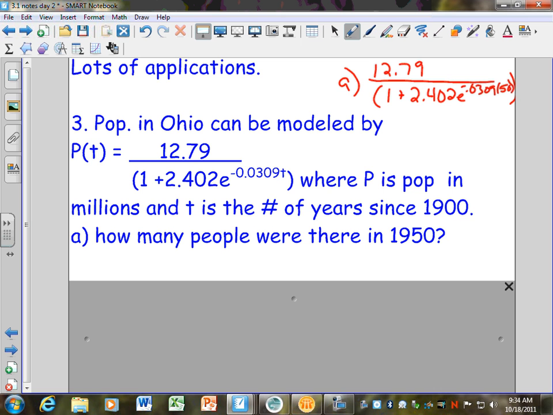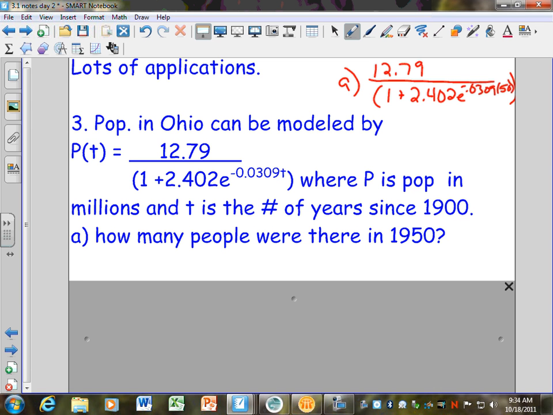So I always say round at the very end, or keep lots of decimals until the very end, otherwise your answer's not going to match mine, and I'm probably going to mark a half point off if you're rounding incorrectly.